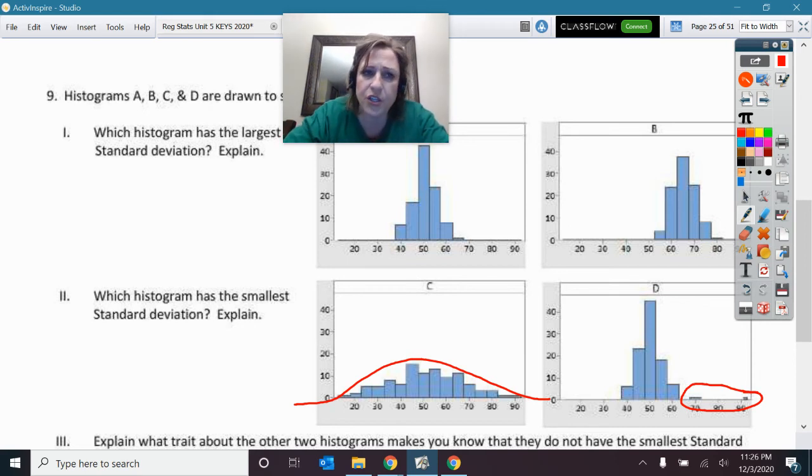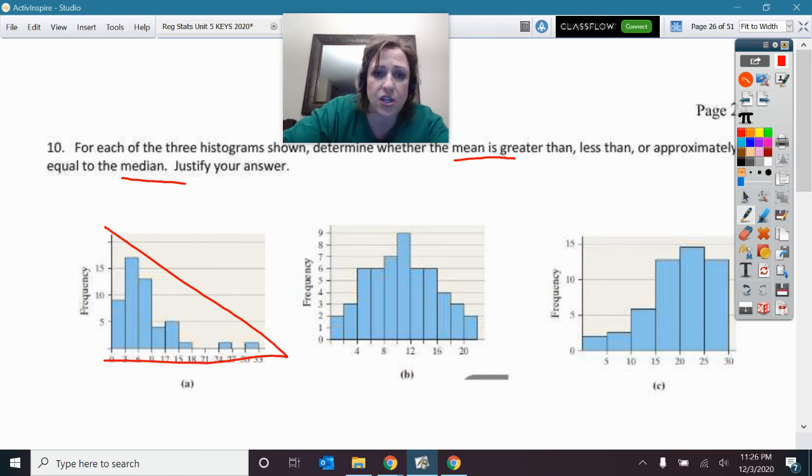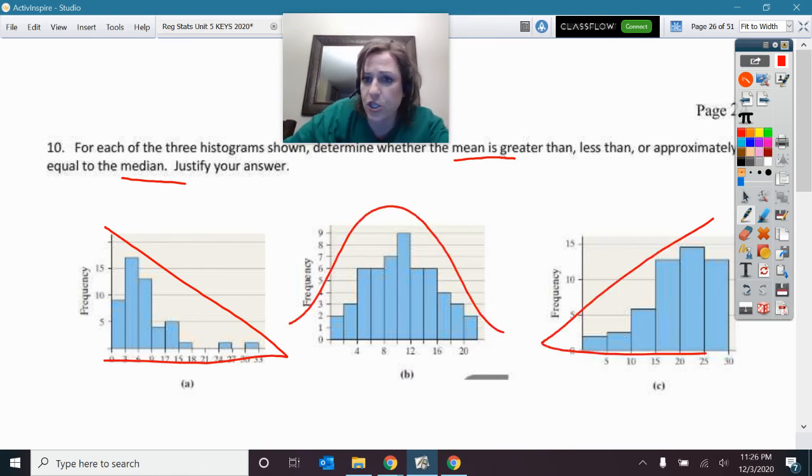I walk you through some of the questions of analyzing the traits and the characteristics of that data. And then finally here, you're going to be comparing the mean to that median. Of course, that's going to be based on the shape being somewhat symmetric or skewed left or skewed right.